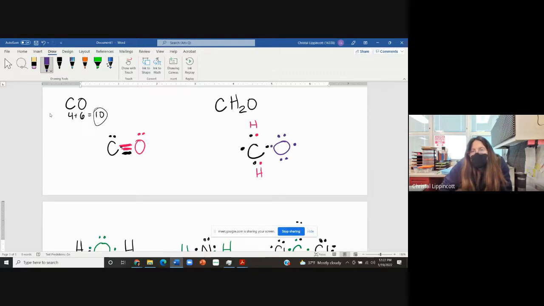All right. Now, I don't have enough for this oxygen, and I don't have enough for this carbon. So what I'm going to do is I'm going to drag those into the center here, and that's going to create our double bond. And by doing that, now everything has 8, or in the case of hydrogen, it has 2.